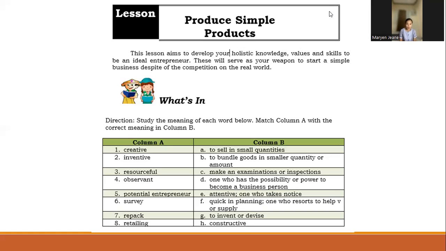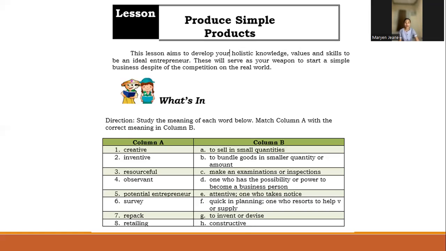Number 2, inventive. Number 3, resourceful. Number 4, observant. Number 5, potential entrepreneur. 6, survey. 7, repack. And 8, retailing.